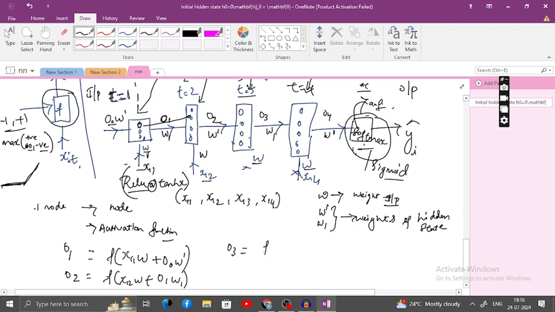Similarly, O3 is a function of x13 into w plus O2 into w dash.